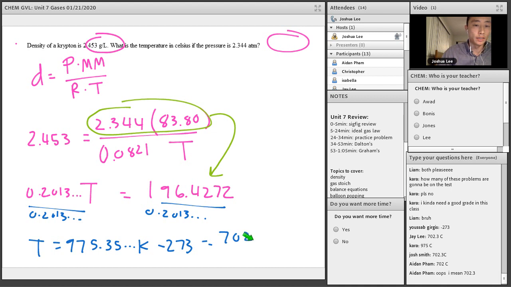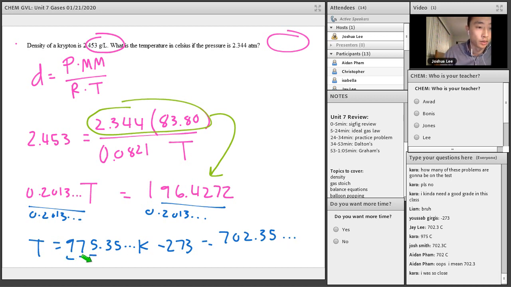We get 702.35 dot dot dot. And correct sig figs. Let's see, 4 sig figs, 4, 4, 4, 4. So everything needs 4, which will be 1, 2, 3, 4. It'll be 702.4 degrees Celsius.